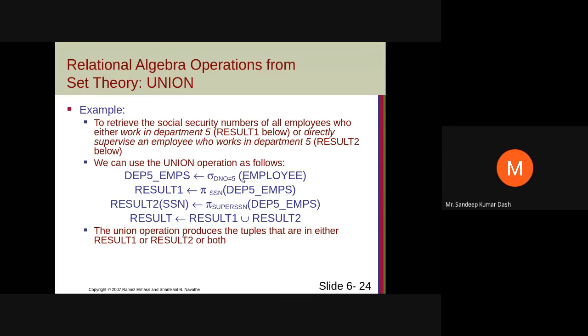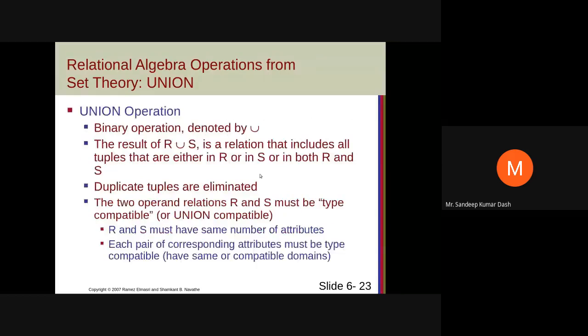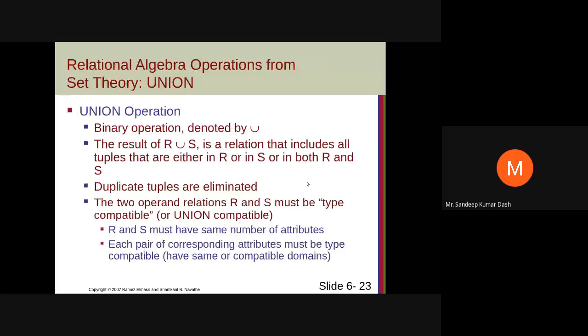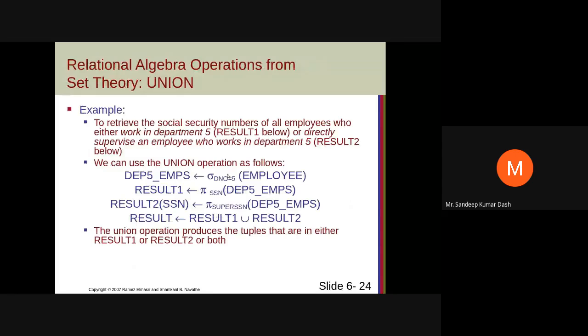It says select all those rows where department number equals 5 from the employee table. In this particular table how many columns do I have? All the columns that are there in employee, yes or no? That means 1 2 3 4 5 6 7 8 9 10, 10 columns. Department number 5 is there only in 4 rows. So this table will have 4 rows and 10 columns.